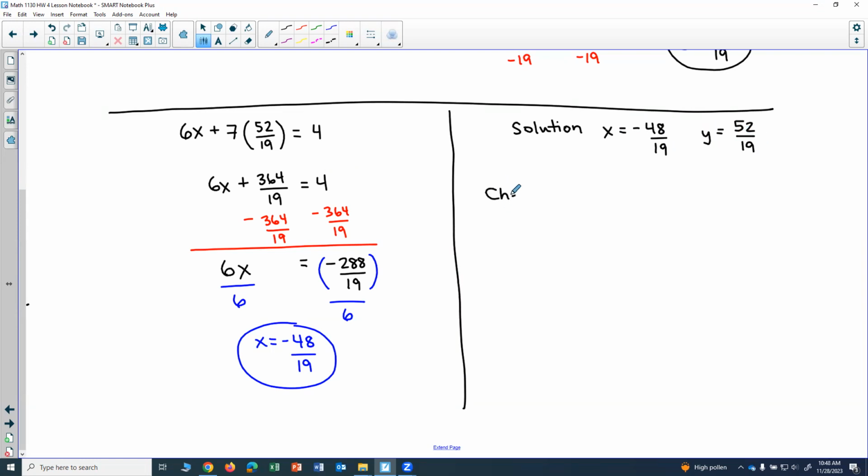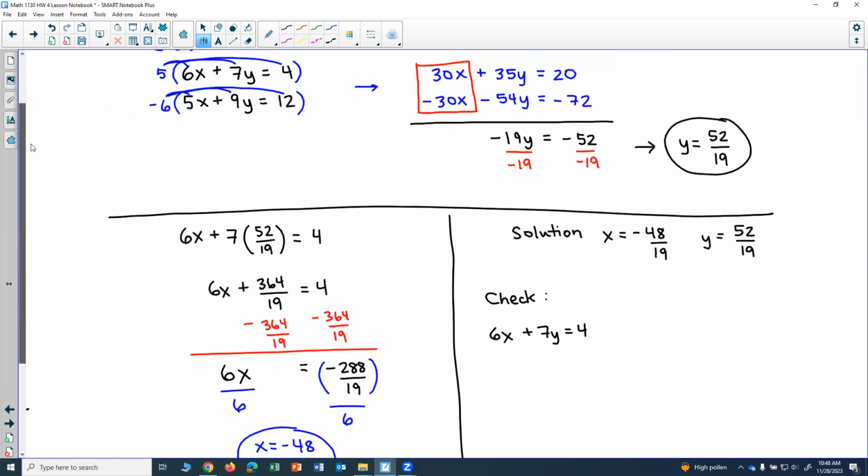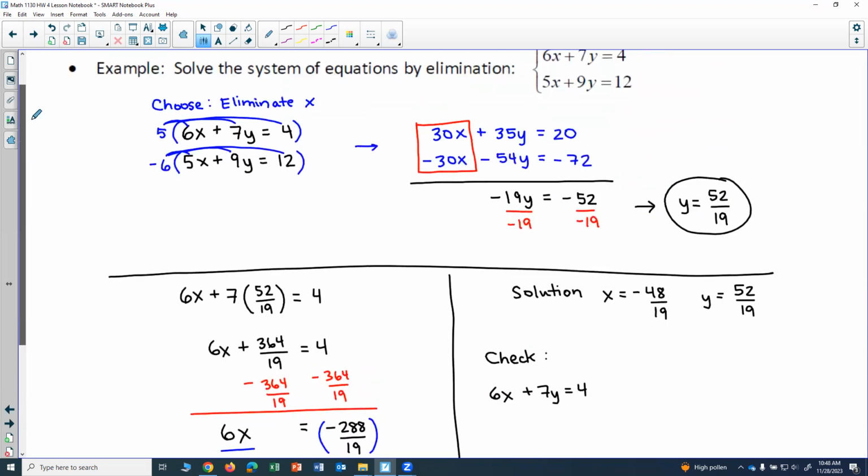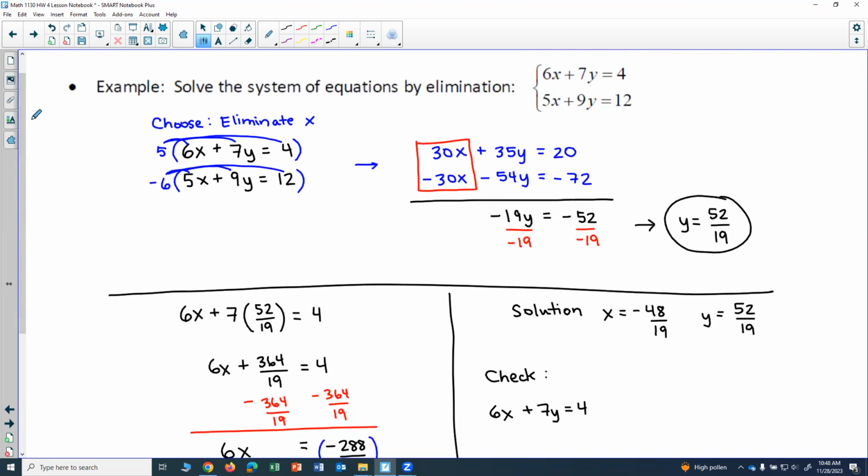Now we want to check, and the way we do that is we plug those values into both of the original equations. So the first equation was 6x plus 7y equals 4. And the second equation was 5x plus 9y equals 12.